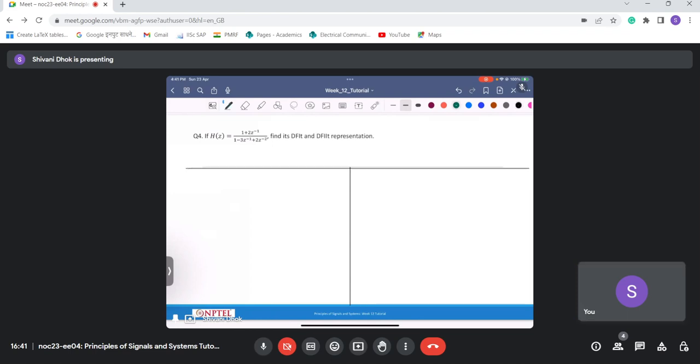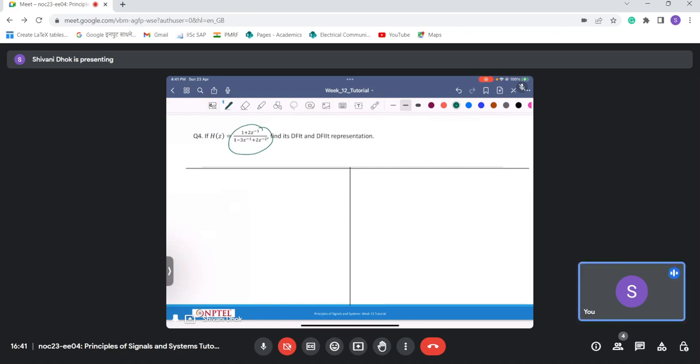One general question, madam. For IIR filters, which are basically rational expressions, H of z should be rational, and the power of the numerator must be less than the power of the denominator. Am I correct? Yes. Then only can we realize IIR filters.